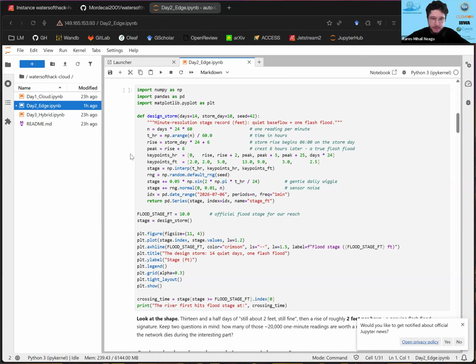Okay. So now, again, n is the number of, actually this time, n is the number of minutes. Yesterday we did hourly, now we're going to do minute granularity. Okay? And what we're going to do is we're going to basically try to create a spike.